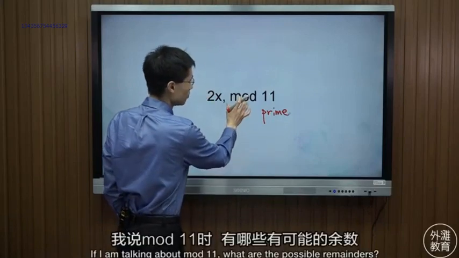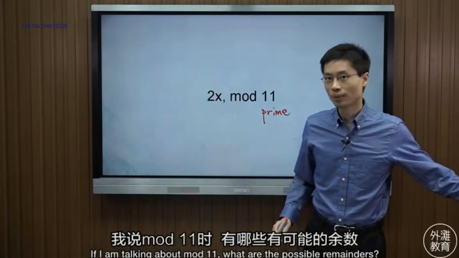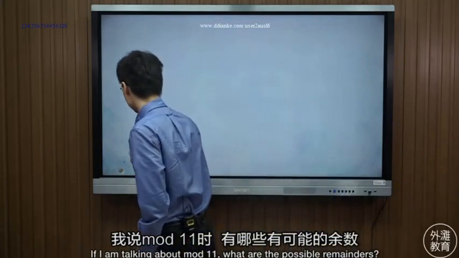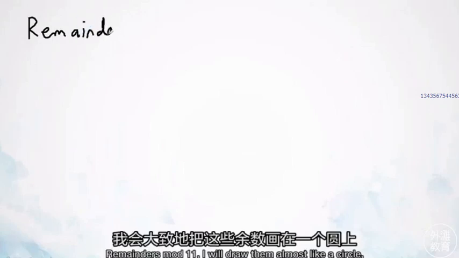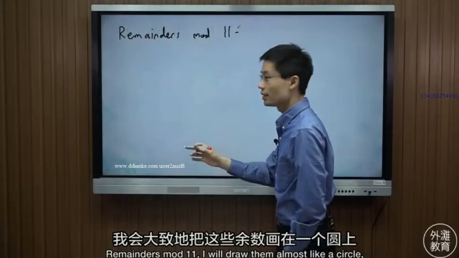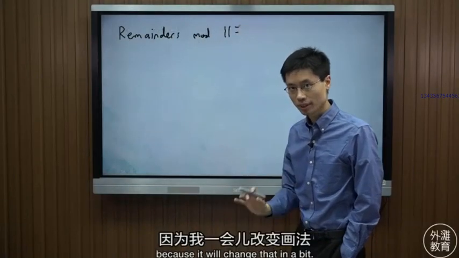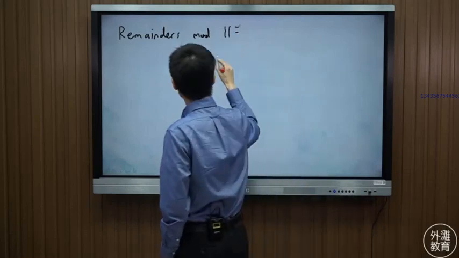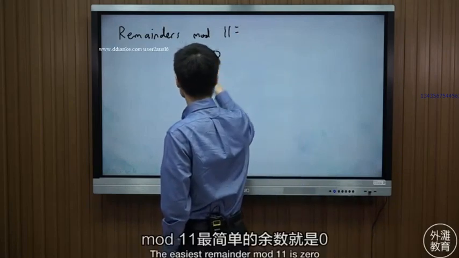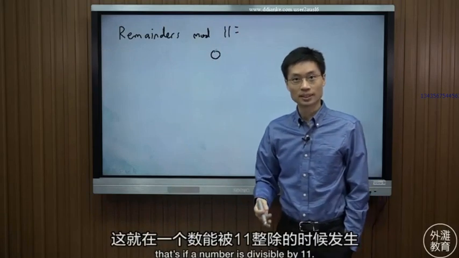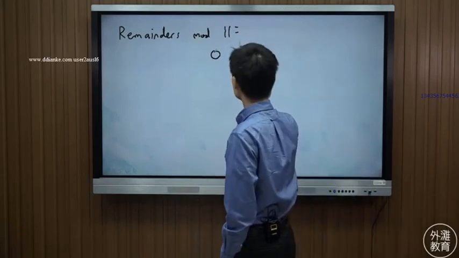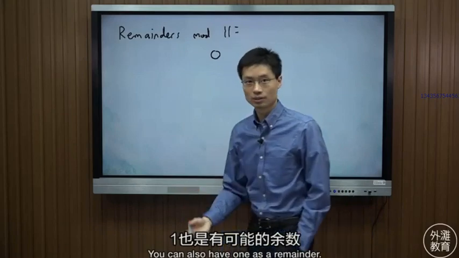If I'm talking about mod 11, what are the possible remainders? I'll draw them almost like a circle, but it's not so important how I'm drawing them because I will change that in a bit. The easiest remainder mod 11 is 0. That's if a number is divisible by 11. You can also have 1 as a remainder.